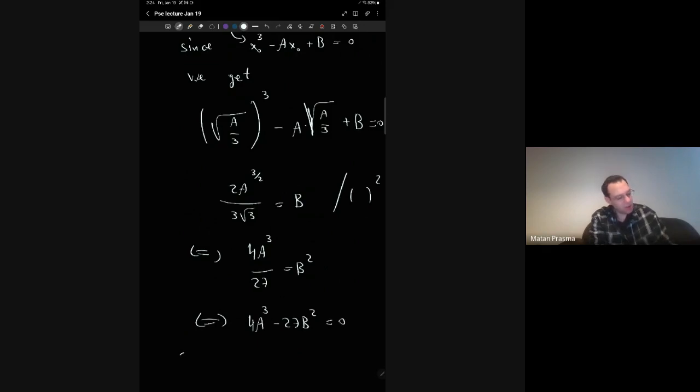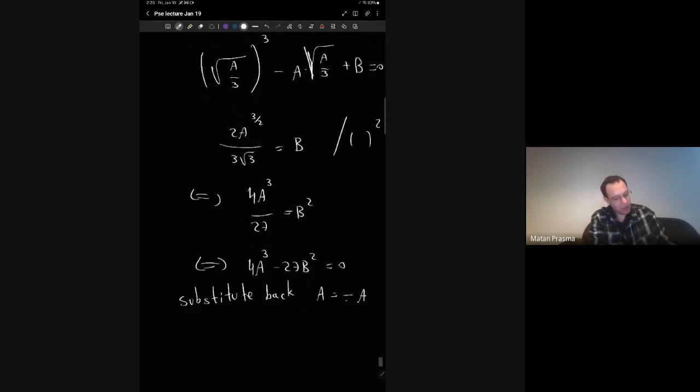And now I substitute back a equals minus a, and I get that 4a cubed plus 27b squared is equal to 0.